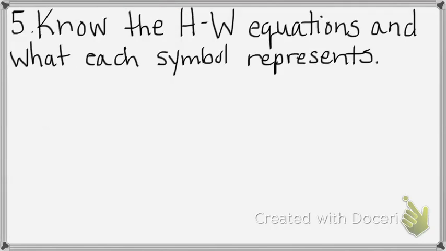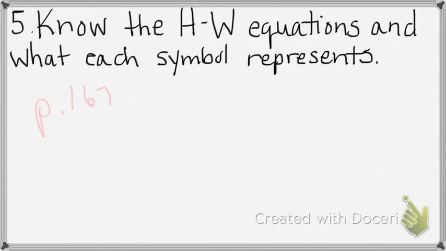Okay, I know I've said this before, but let me say it again. You have to know the Hardy Weinberg equation and what each symbol of the Hardy Weinberg equation represents. So page 167 has all the parts of Hardy Weinberg defined for you there. Page 167, right at the top.